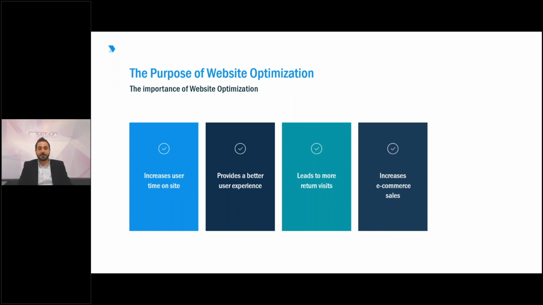The importance of website optimization varies around 4 main elements. One, it increases the user time on the site. And that does not mean that a user should come to our website and stay for 10 minutes. That is not the objective here. The objective, and what we mean by this concept, is we want the user to utilize the right amount of time that they need to navigate our website. It might be 1 minute.